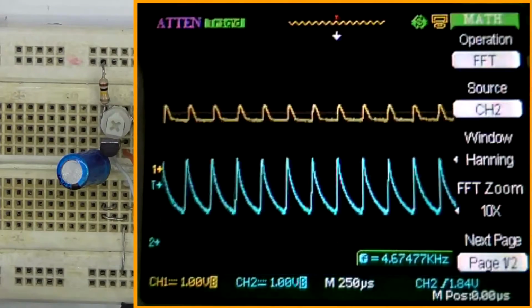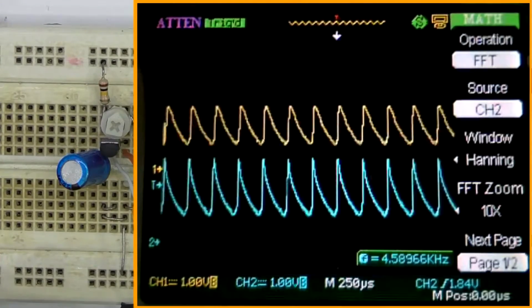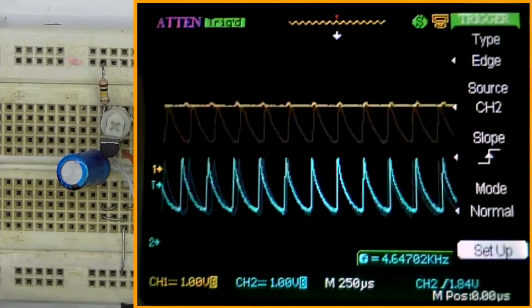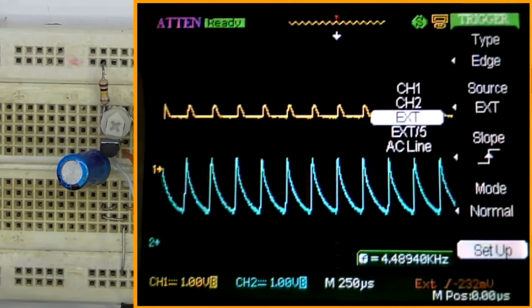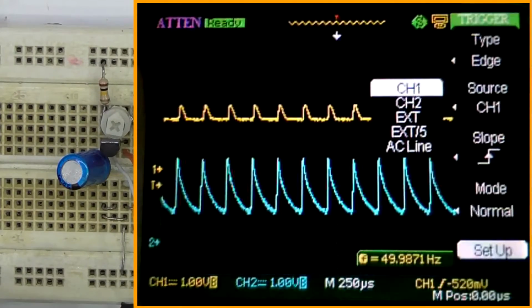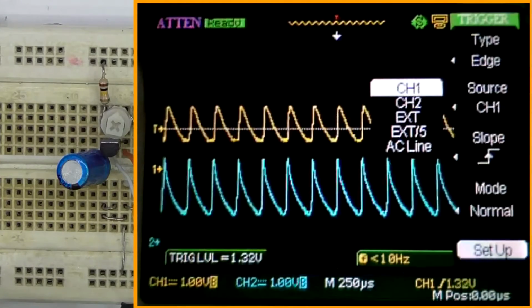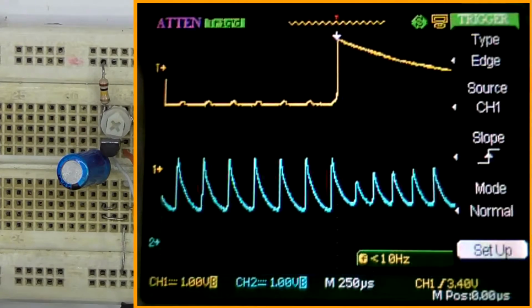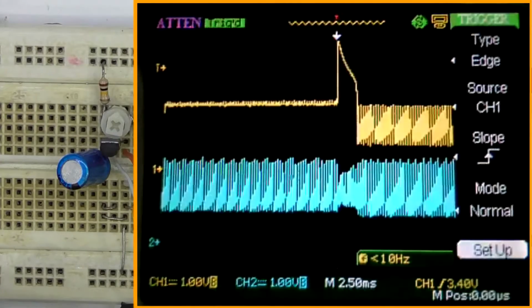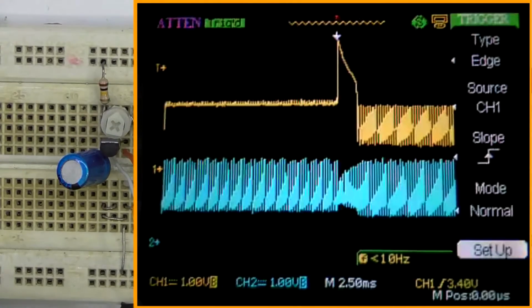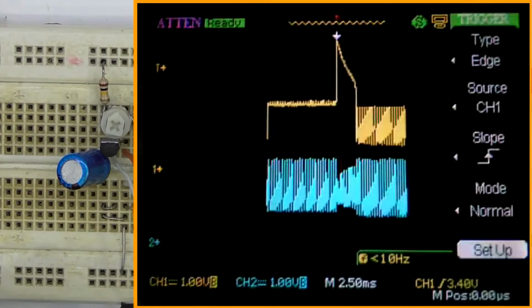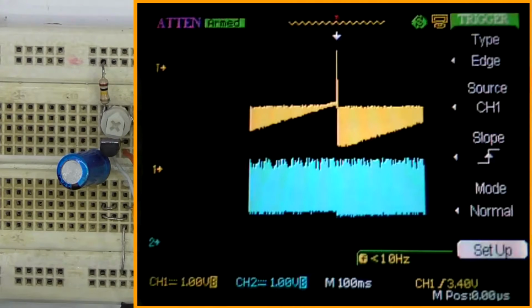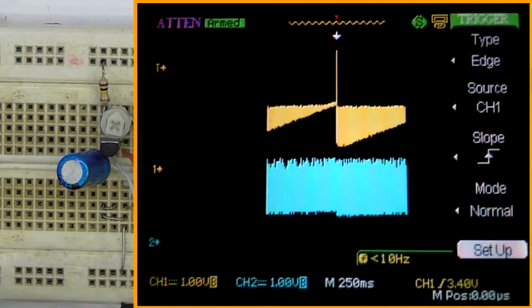Now I'm triggering off channel 2. I change the trigger to channel 1 and set it to trigger at the appropriate point. I can then show you how that amplitude is changing between the low frequency periods.